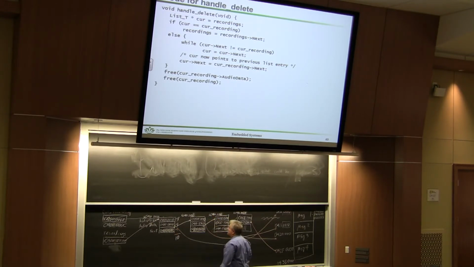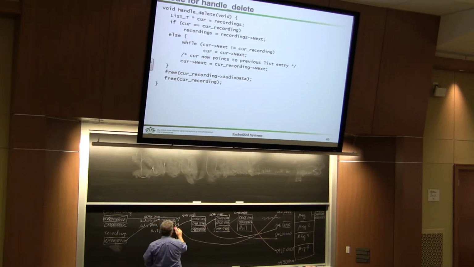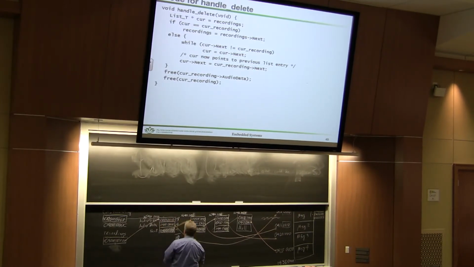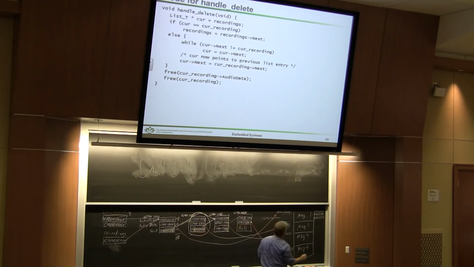So if at some point you change this to 0018, you have just changed where this is linking to this one. You have this space, that's 12 bytes, and this is the second one.